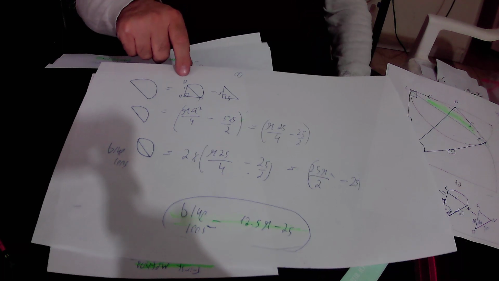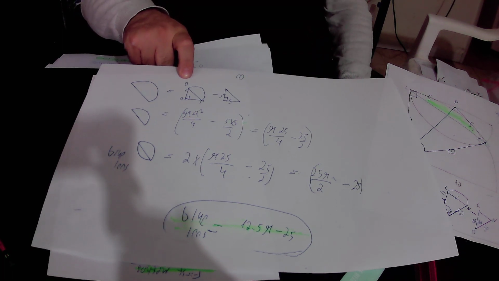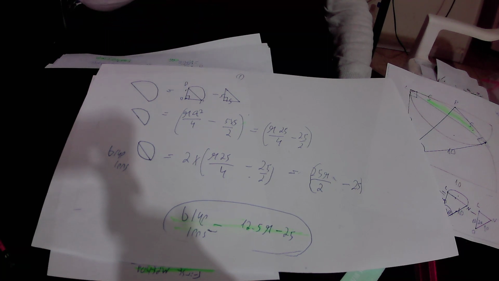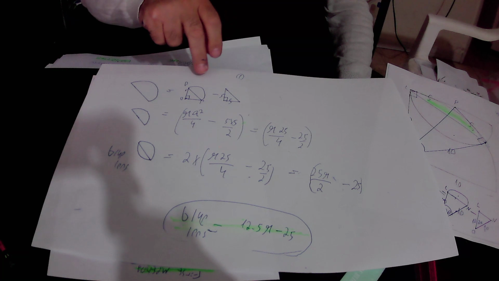This is a quarter circle, and the area of a quarter circle equals pi r square, or if a is r, pi a square over 4. It is the area of the circle divided by 4 minus the area of the right triangle.